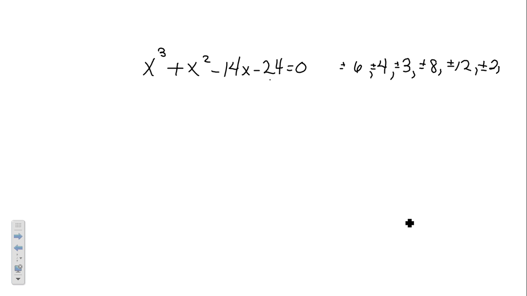And 24 and 1. It's a lot of possibilities. Good news is we've got a leading coefficient of 1, so everything is over plus or minus 1. So what should we do?